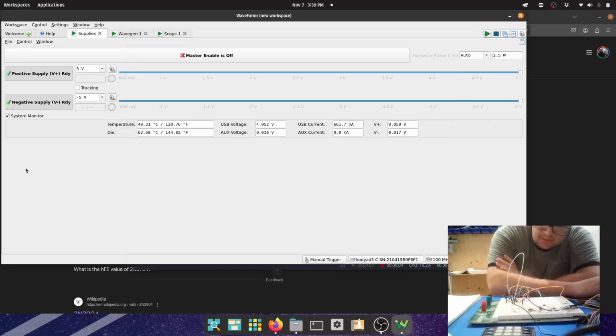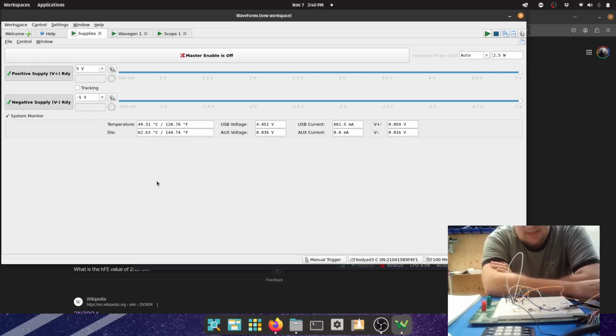So I have fixed the current source. It turns out, or at least I hope I did, that I wasn't giving enough current to the base.